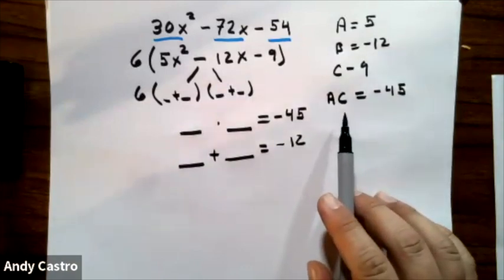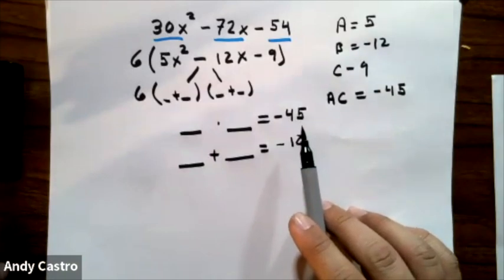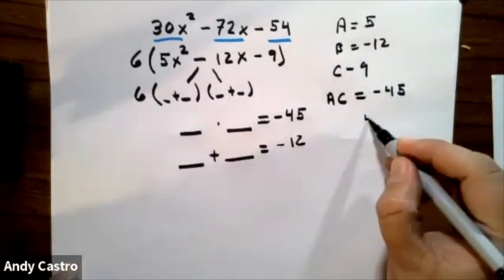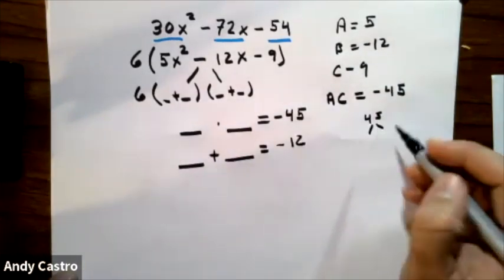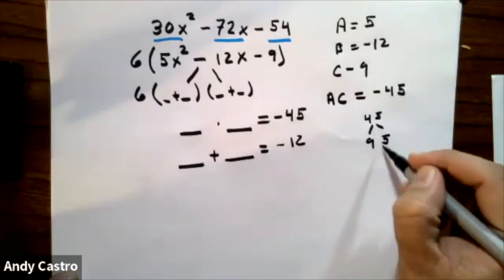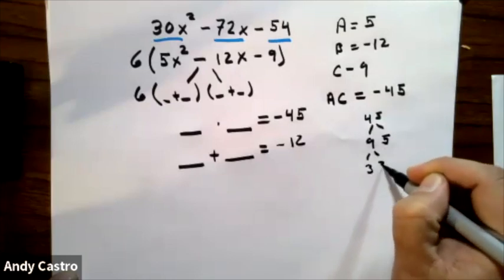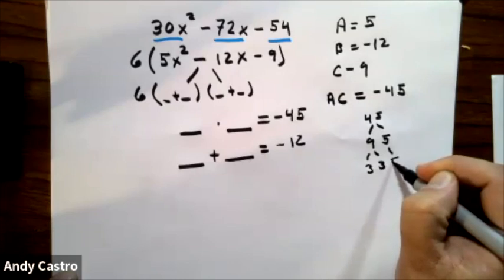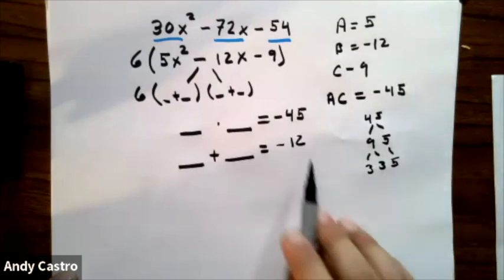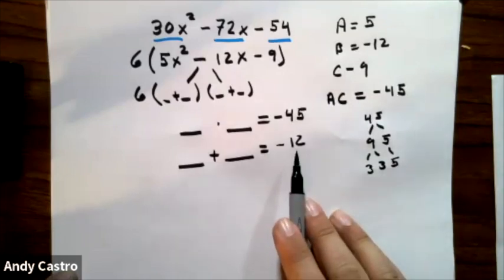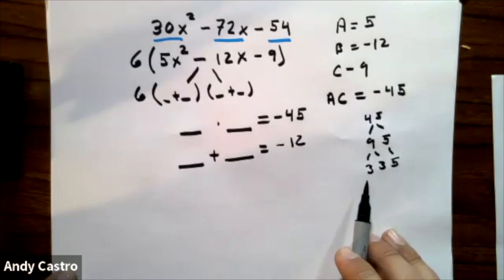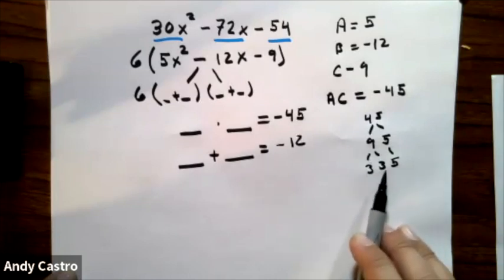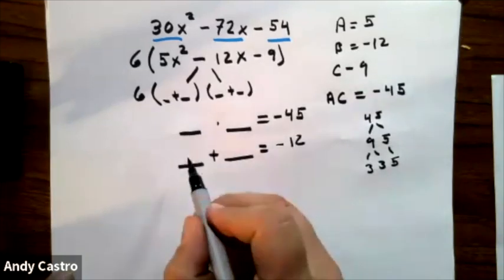All right. So all the numbers that multiply to give me 45. Well, we obviously know 9 and 5. And 9, of course, is 2 3s. So 15 and 3, that's close to 12. If I had a positive 3 and negative 15, that would give me negative 12.